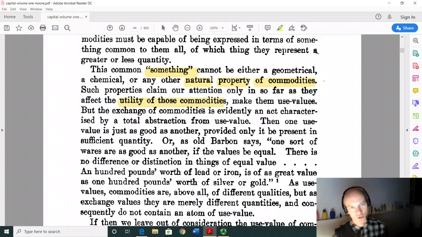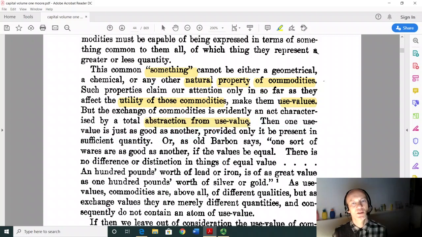So the concrete characteristics are only relevant for the usefulness of these things, because the usefulness depends on what they actually are, and that's what makes them use values or useful things. But the exchange of commodities is evidently an act characterized by a total abstraction from use value.